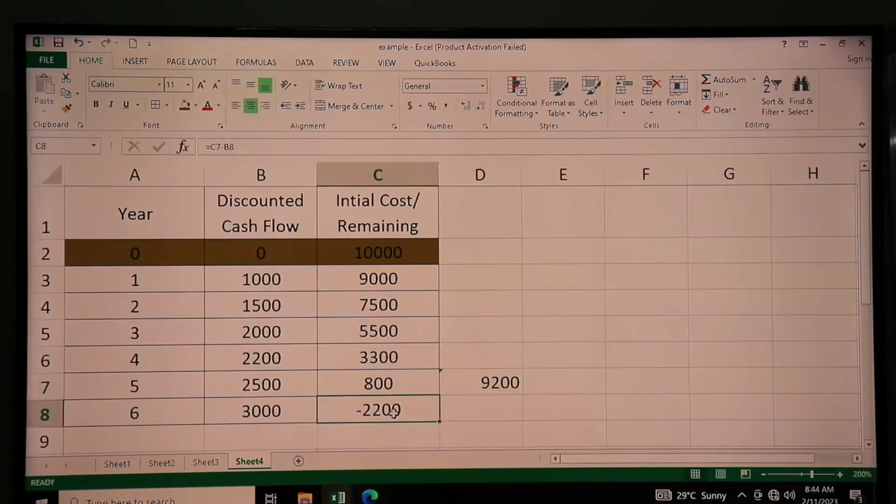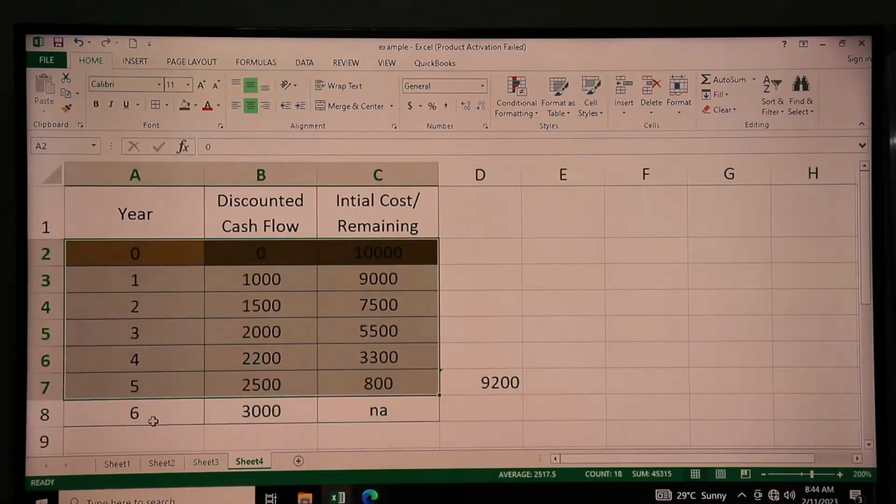So the last value should not be available, because it's negative. It simply means our project pays earlier than the expected life of the project. That is, using the discounted cash flows, the project has paid earlier.